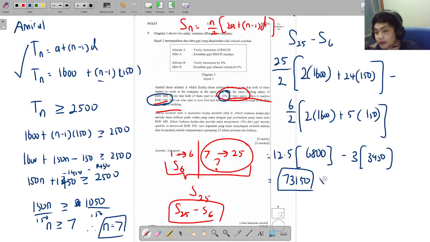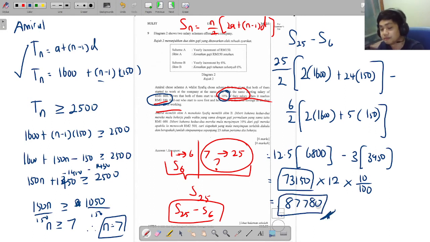So we have to multiply it by 12, and not only that, we need to multiply it by 10%, which is 10 over 100. So from here, we have 73,150 times 12 times 0.1. So the total amount of money he would have saved is 87,780. Wow, that's a lot of money. So yeah, Amirul is rich after 25 years of working. He has a lot saved up.